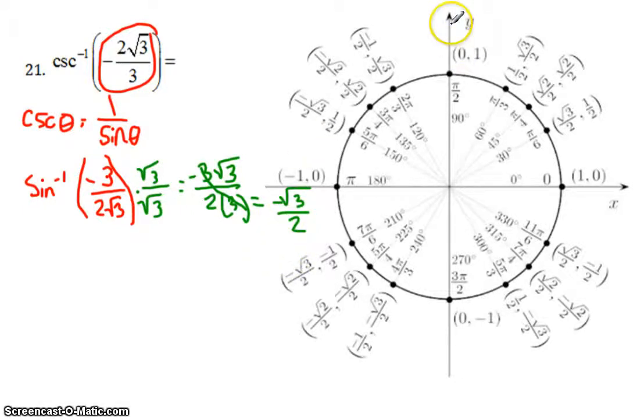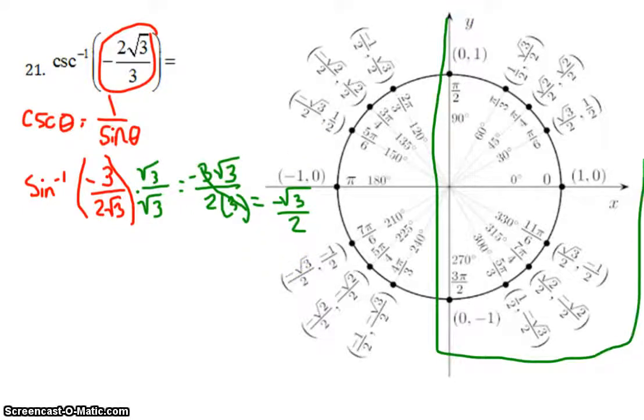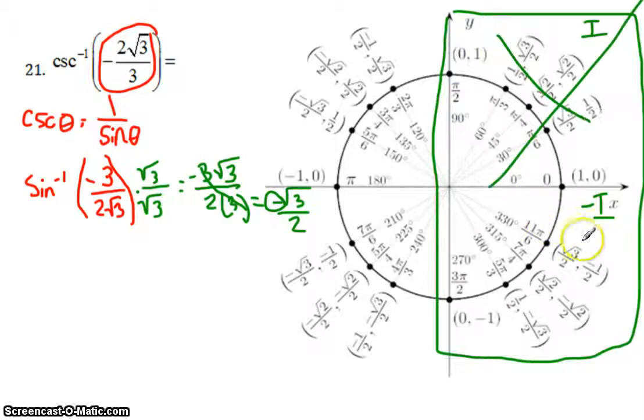Sine means I'm going to deal with my first and my negative first quadrant. Since this is negative, I'm going to be looking down here. And I'm looking for sine, so I'm looking for my y values. Here is my answer. This is not my answer, because it's going to be negative pi over 3. So my answer is negative pi over 3.